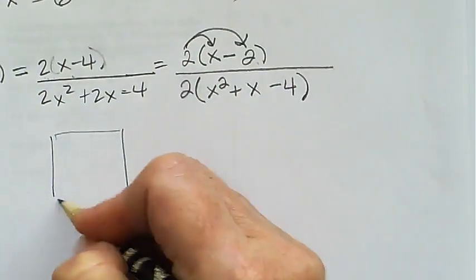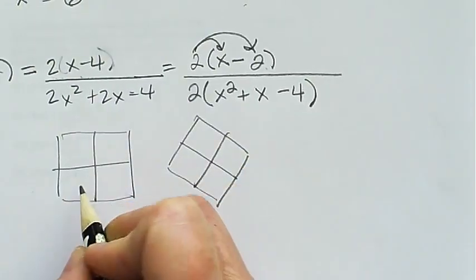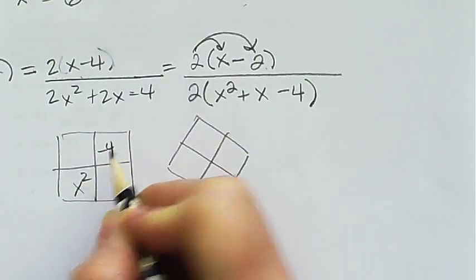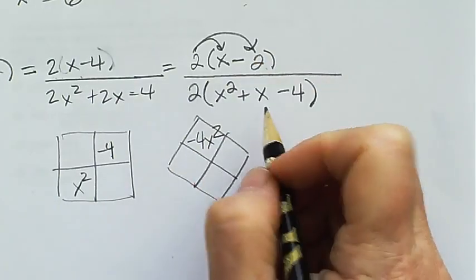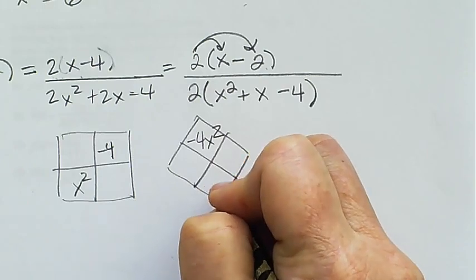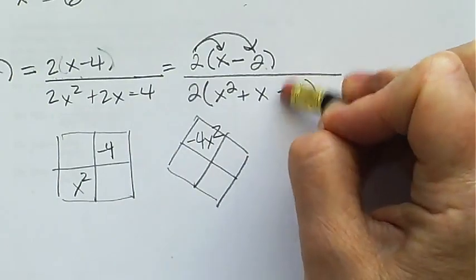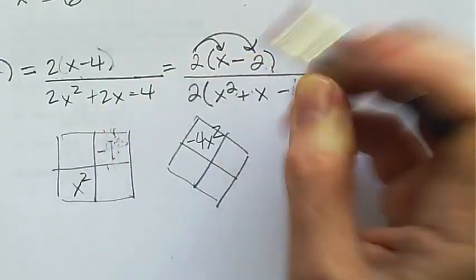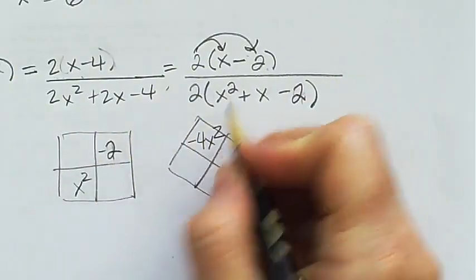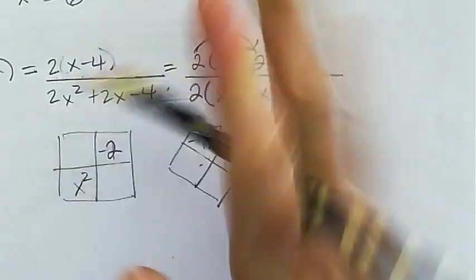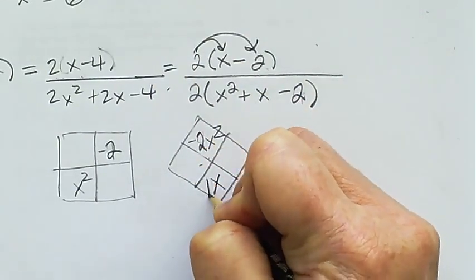I think I can. That's going to be factors of negative 4 that add up to positive, oh wait, this should be a 2, sorry. Factors of negative 2 that are going to add up to positive 1x.